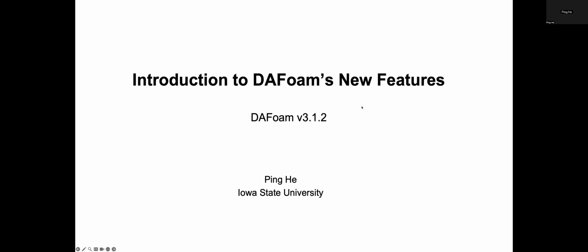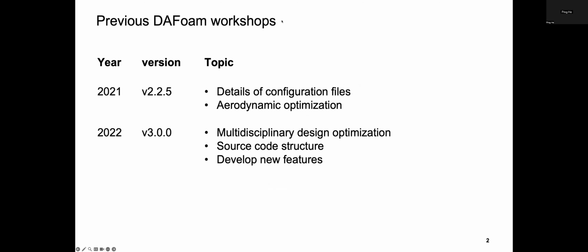Okay, so introduction to DAFoam's new features. These are the new features since the last workshop. A quick reminder that we had 2 previous workshops, one in 2021, the other in 2022. In the first workshop, we focused mostly on how to use DAFoam. We talked mostly about the details of the configuration files and how you set up a case.